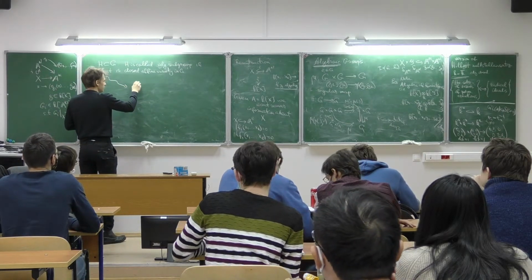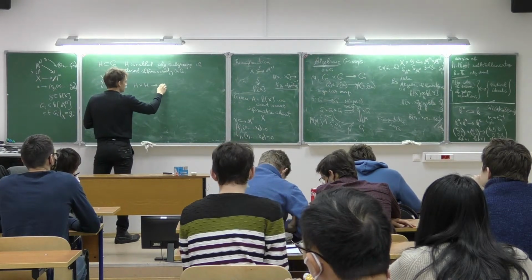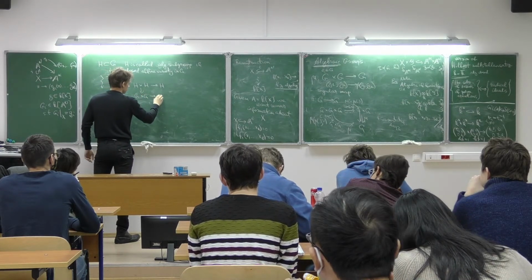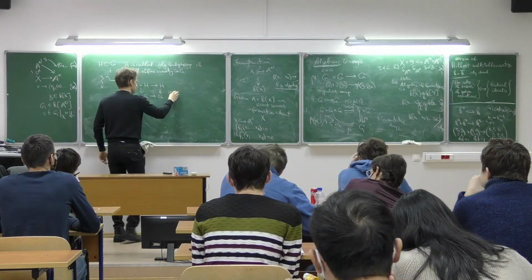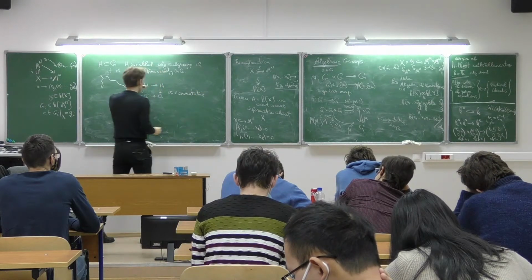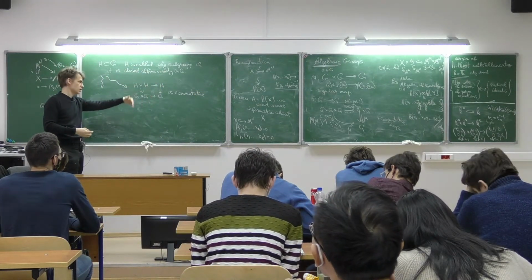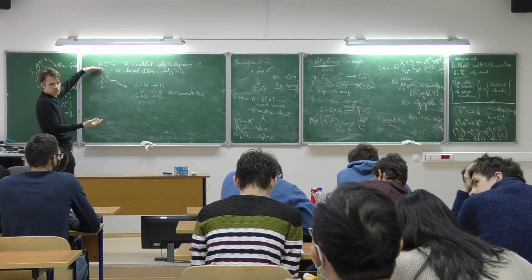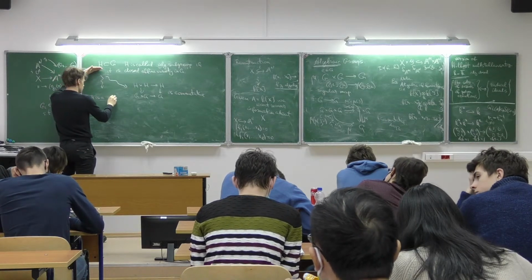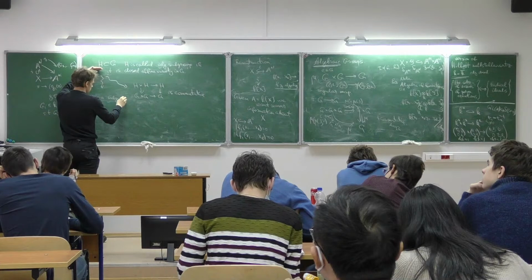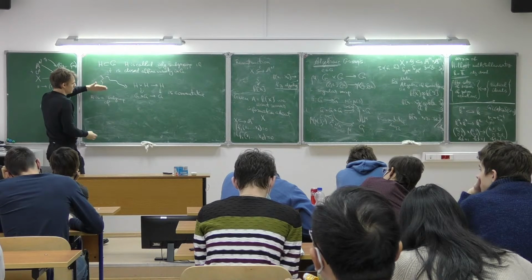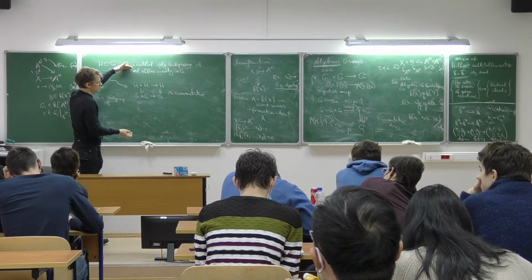One is saying that this diagram of maps is commutative, or H is just a subgroup of G, a group which is a subgroup, and which is an algebraic variety.